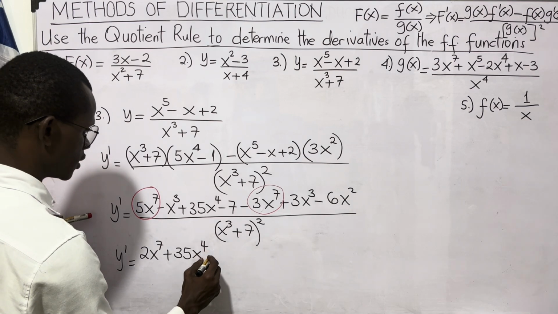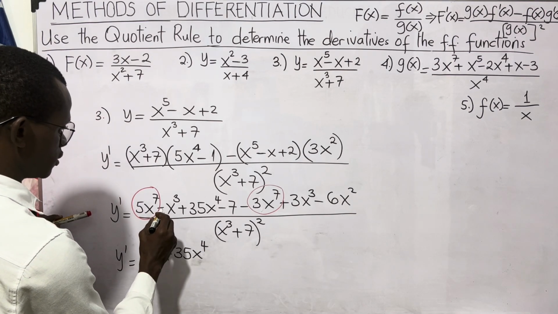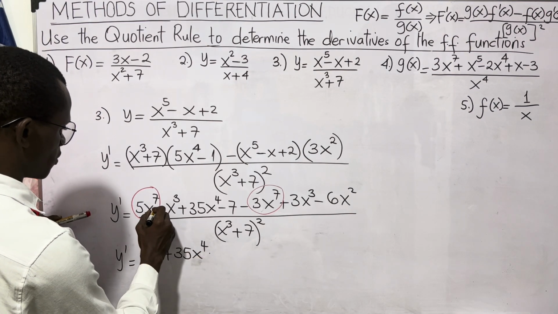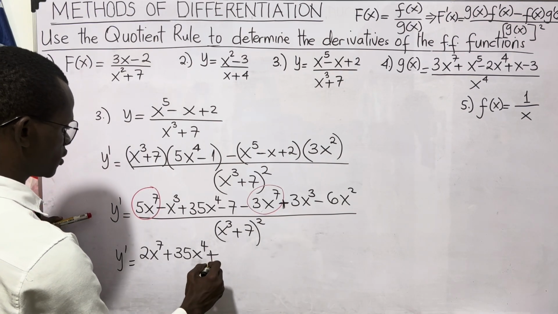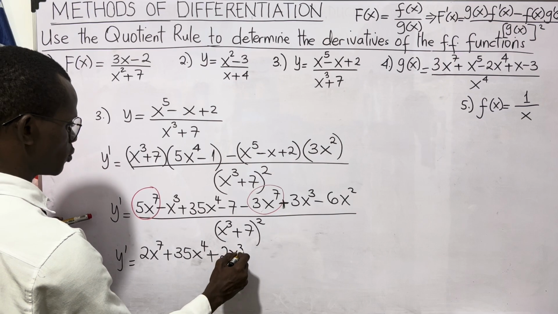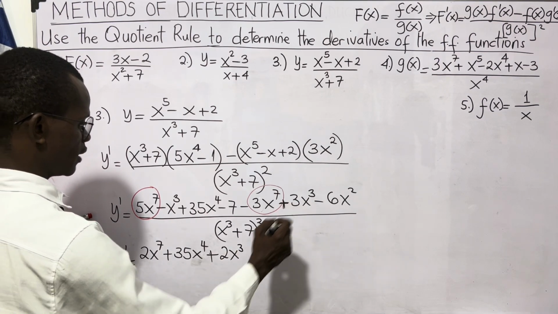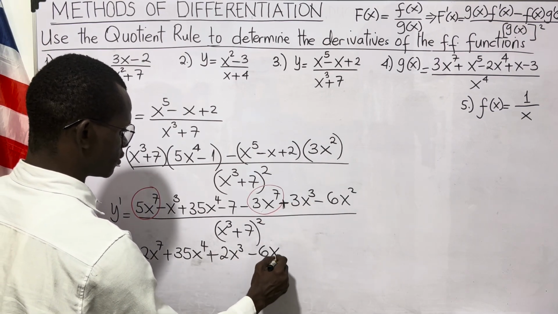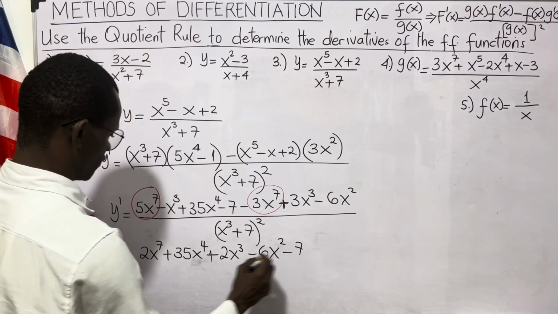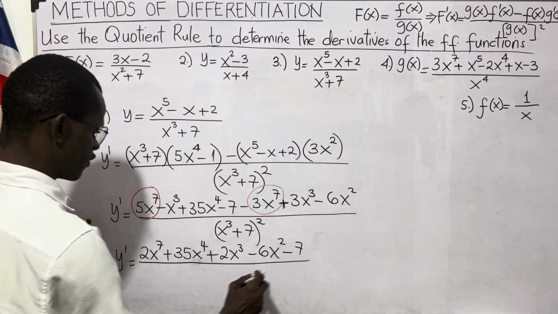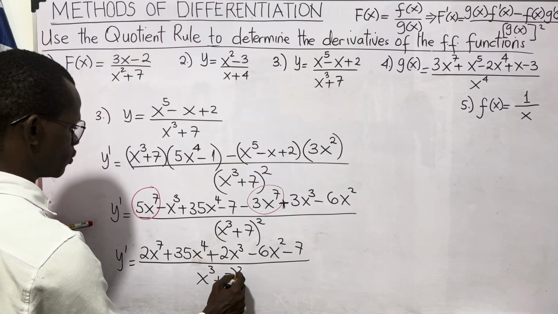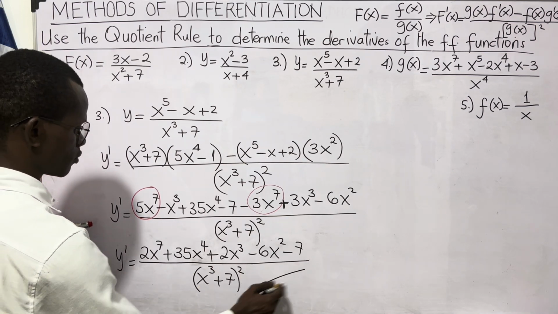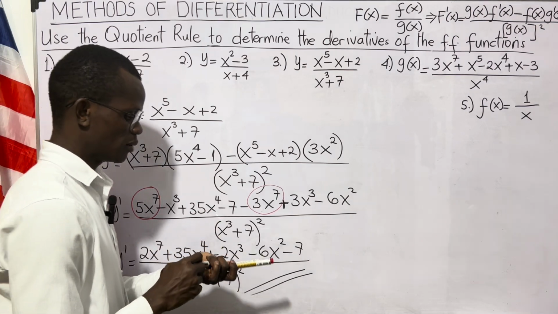And this is minus, and this is positive, so it gives us plus 2x cubed, and then we rewrite 6x to the second minus 7 all over x cubed plus 7 to the second power. So this is the third problem.